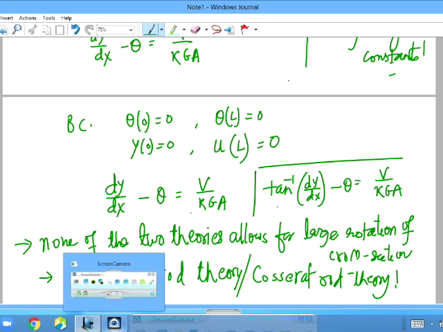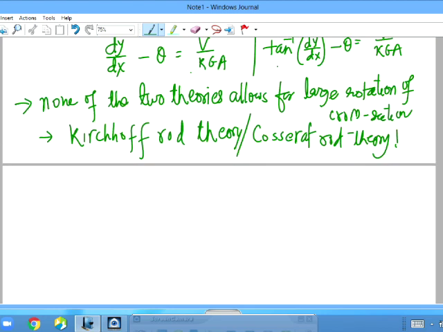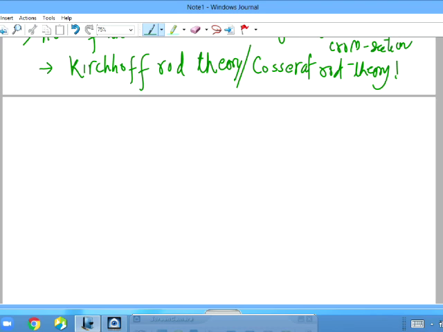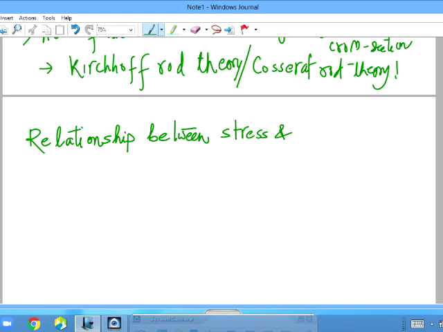So let's see if we have got some more questions. Okay, another question that is coming is the relationship between stress and strain, and why we took it to be linear.